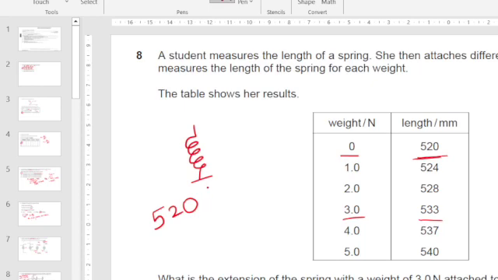When I'm loading some weight, that is 3 Newton weight, the length of the spring gets expanded and it increases by 13 centimeter because 533 minus 520 will become 13 centimeter. The length of the spring increases by 13 centimeter. So for the eighth question, option D is the correct option. Hope it's clear.